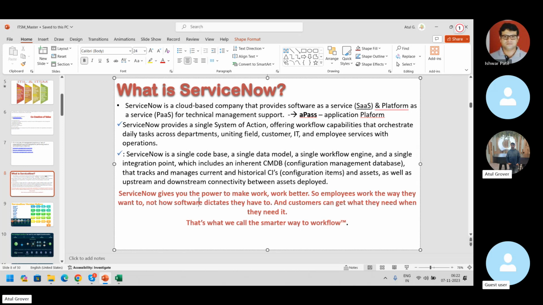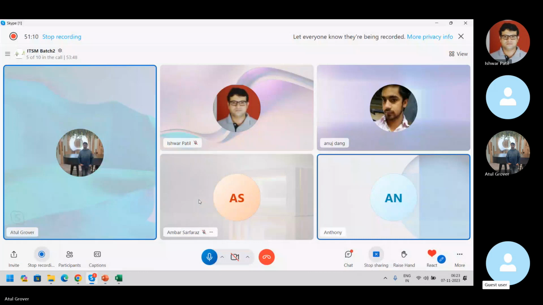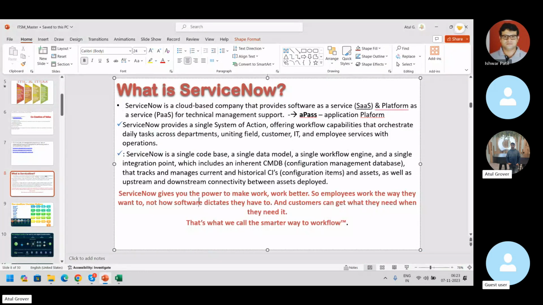Yesterday I read. Atul, what is a single code base? I'm coming to it. Just leave this as of now, because I'm coming to these things in an upcoming slide with the complete picture. Okay.